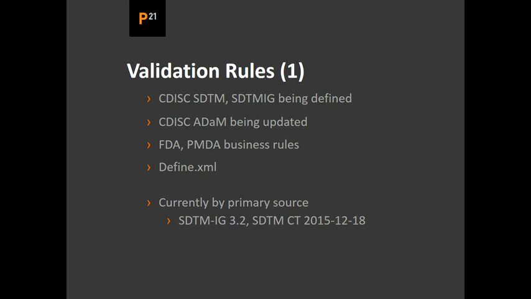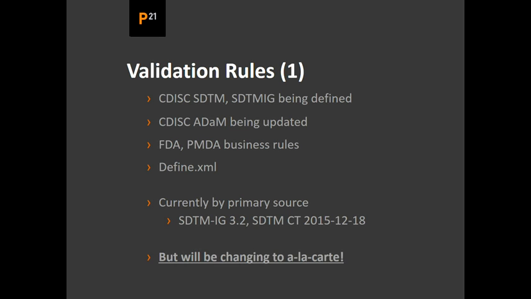Currently, by primary source, the validation rules today, I would say, we describe almost as one size fits all, that there are rules associated with perhaps implementation guide 3.2, and then perhaps control terminology is the entire package.